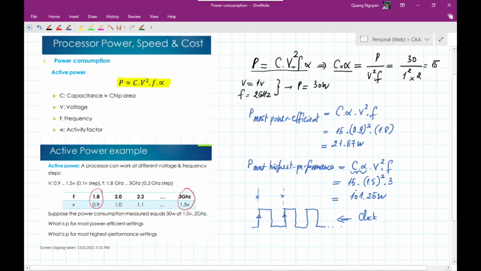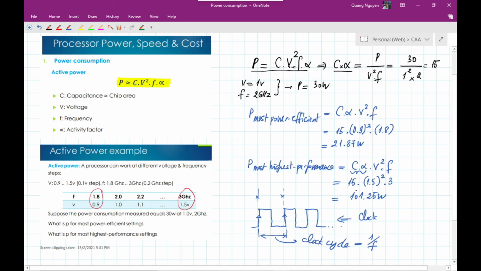If you study basic electronics, you learn about this. This time duration is the clock cycle, and the number of clock cycles in 1 second we call the frequency. That means the clock cycle is equal to the reciprocal of the frequency.